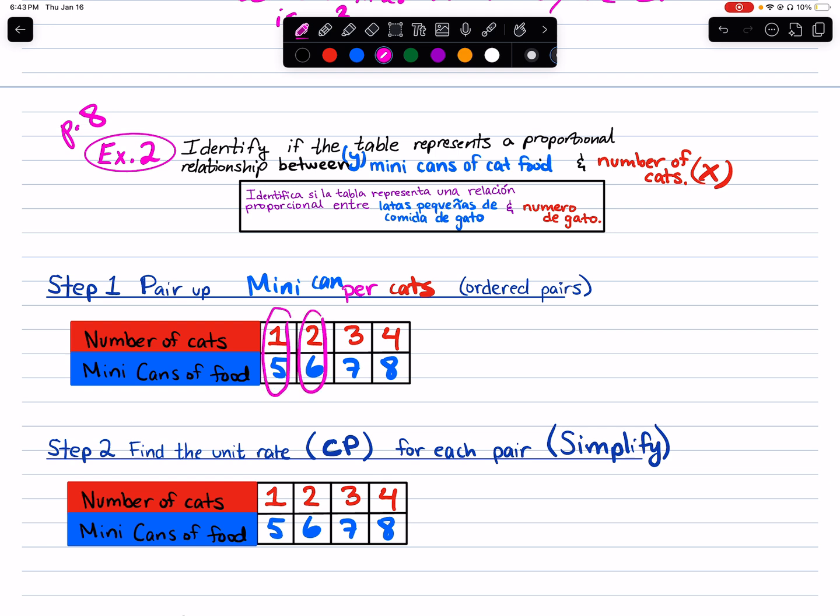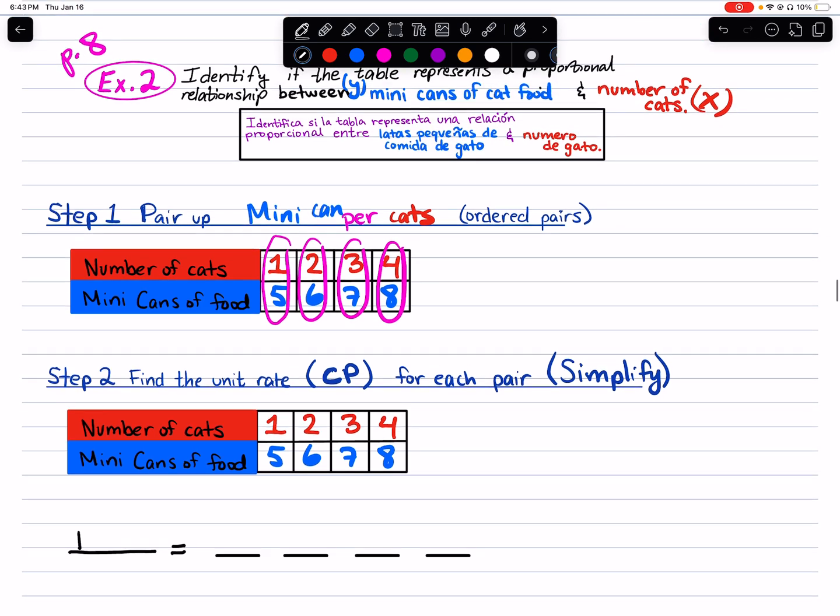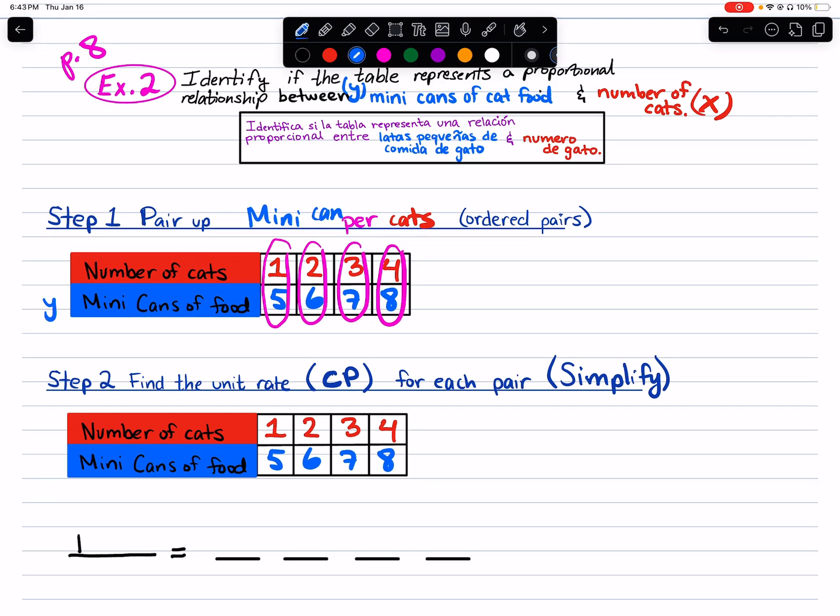Boom, boom, boom, and boom. And now I'm going to use each and every one of these, and I'm going to write the units as well. So mini, wait, is that correct? Let me actually write that. Okay, y and x, because I know that it should always be y over x. Always, always, always. Y over x. You're going to tell me, but why, mister? That's why. You already know.